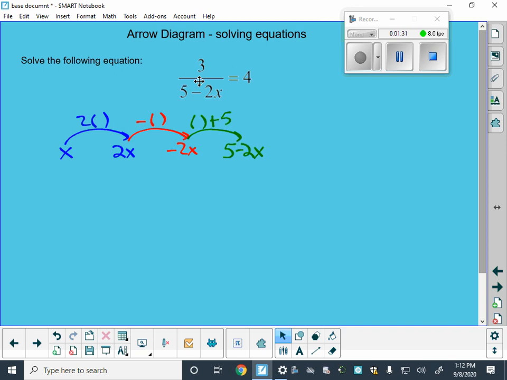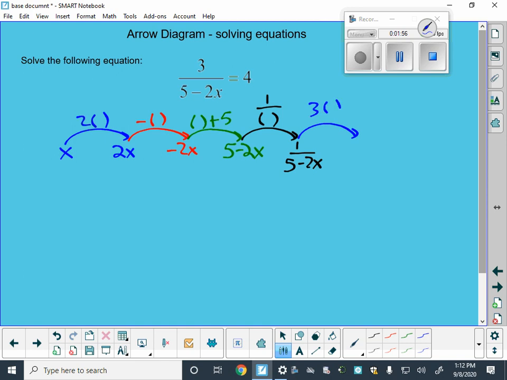This 5 minus 2x needs to end up in the denominator though, so I'm going to flip it with the reciprocal function, and so this gives me a 1 over 5 minus 2x, but it's supposed to be 3 over 5 minus 2x, so I'm back to blue here, and if I multiply by 3, I will get that 3 over 5 minus 2x.